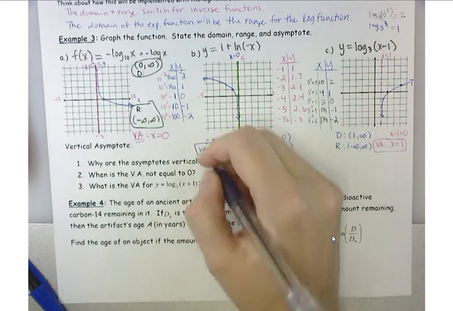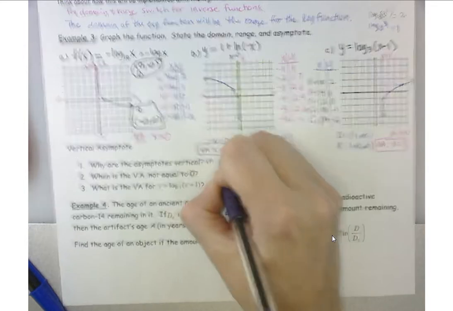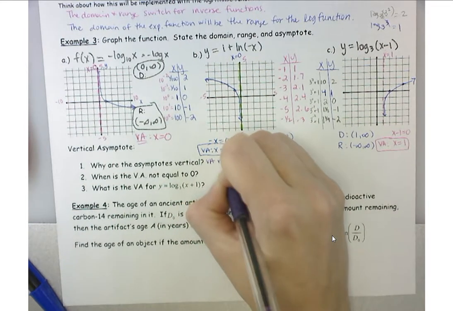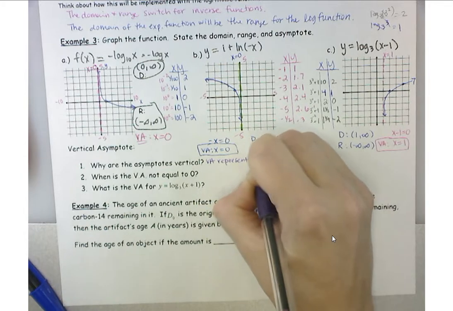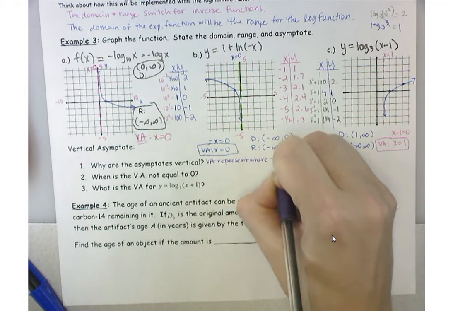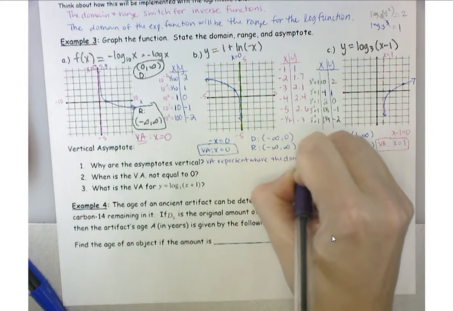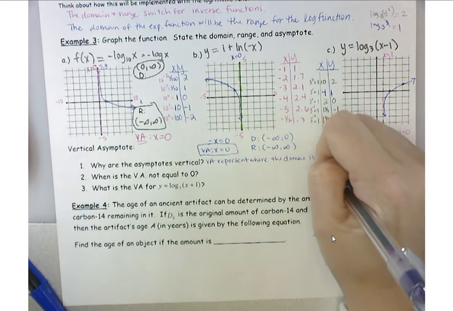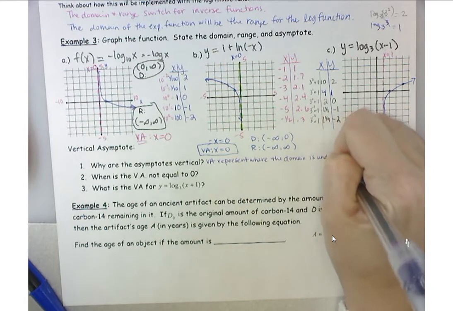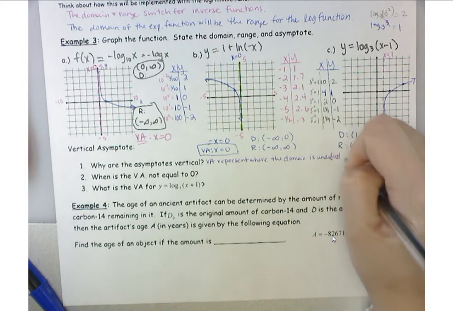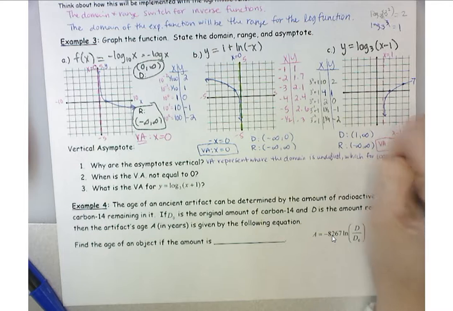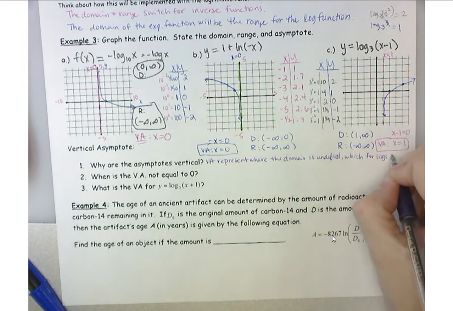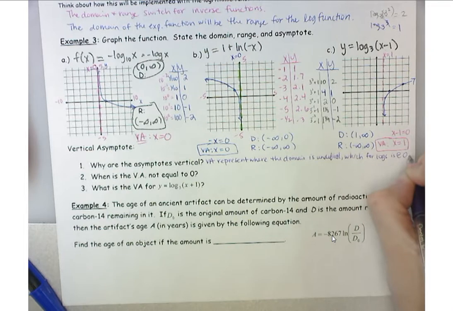Vertical asymptotes represent where the domain is undefined, which for logs is at 0.